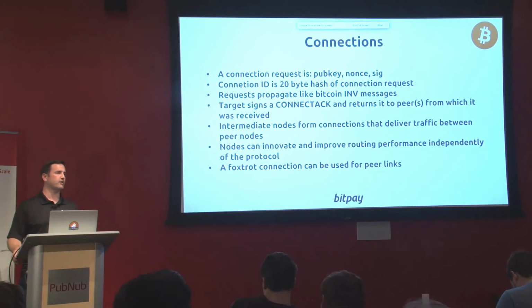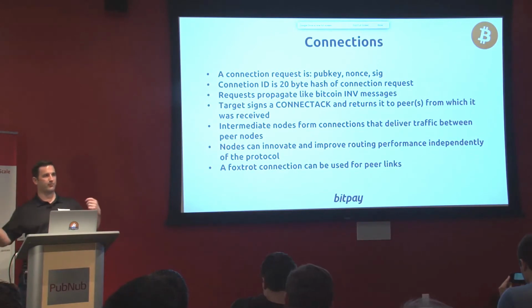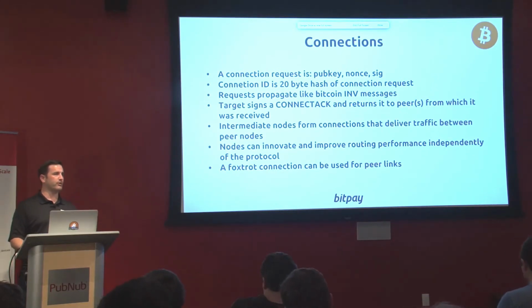But conceivably, you could hear about a connection request from multiple peers, and multiple peers could send back an ACK, and you could remember things like the latency of getting that ACK back. Maybe you set up the connection on the first one you hear about, but you remember the second, the third, and the fourth in case that first connection goes down. So that's just an example of ways this can be improved.